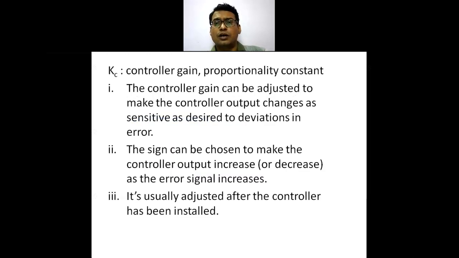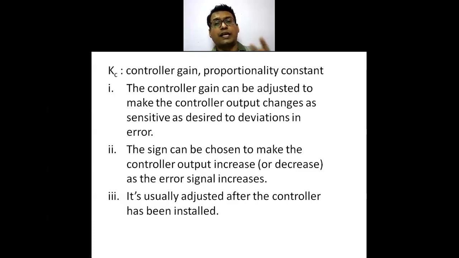This controller gain can be adjusted to make the controller output changes as sensitive as desired to deviation in the error. So Kc, this controller gain, makes the changes in the output more sensitive to its functions, and depending on its sensitivity or the controller gain, you are going to manipulate the error.